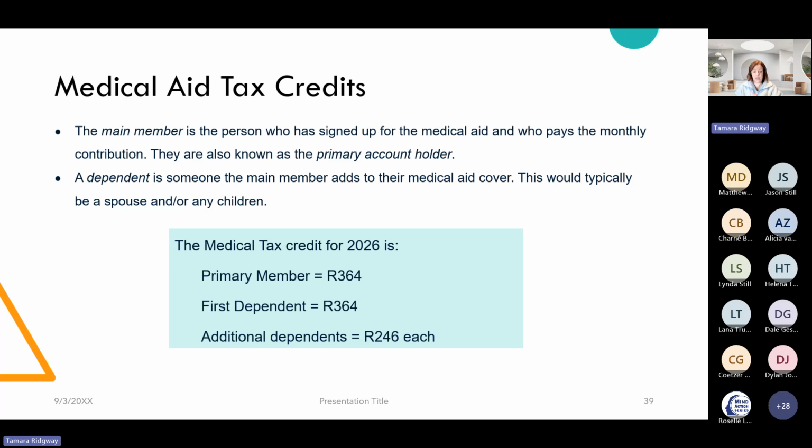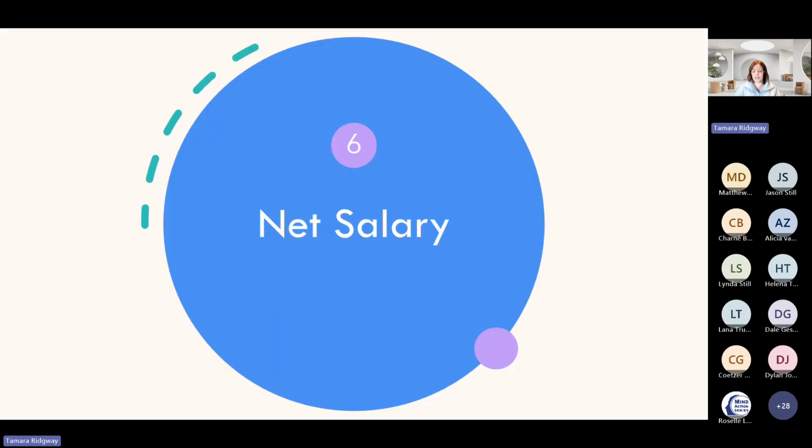Then the last thing, and again, because we've done so much, really the last thing, and I promise you there are slides, is the net salary. And this doesn't have to be a big thing anymore, because you've done the first part.